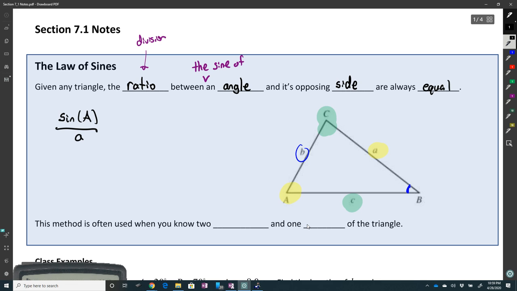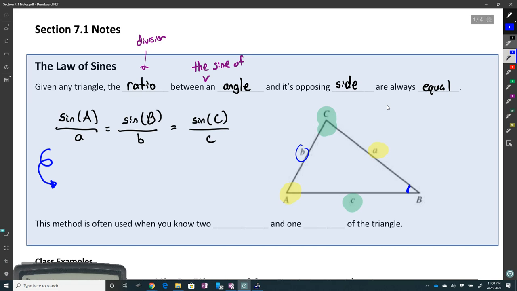That's why we label the opposite side the same letter, so that the formula looks really nice and pretty. It's the same thing as the sine of B over lowercase b, which is the same thing as the sine of C over lowercase c.